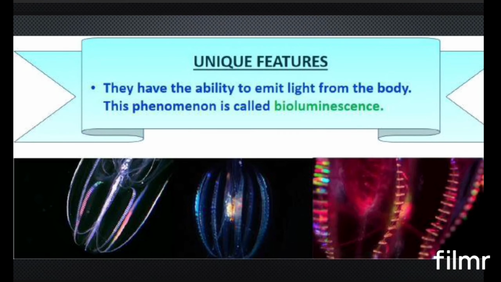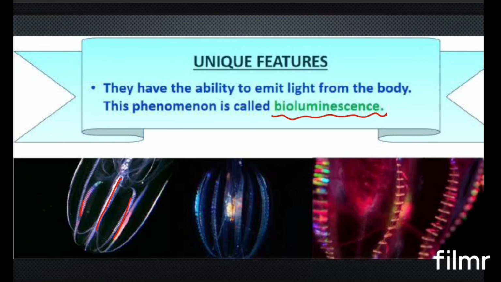That's very much visible because these are mostly transparent, jelly-like organisms, in which the comb plates can produce and emit light, which is called bioluminescence, which we have learned about in dinoflagellates and like that. The same way here also the Ctenophora or the comb jellies have the ability to produce bioluminescence.